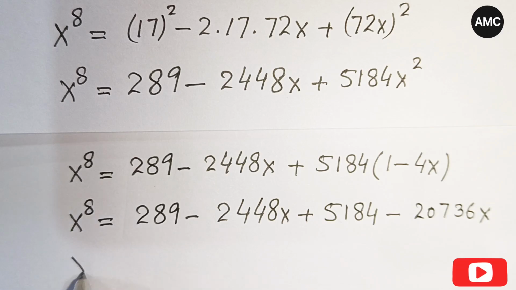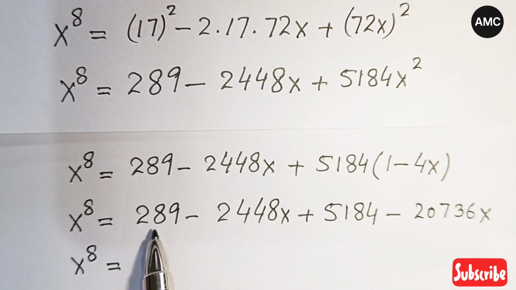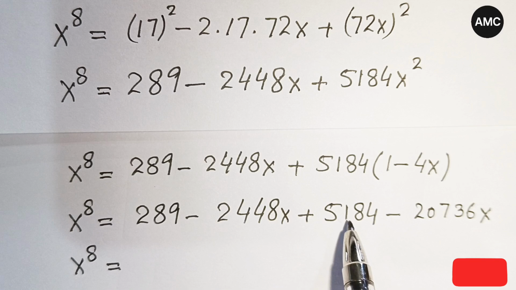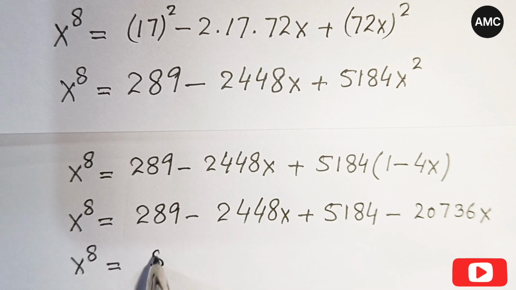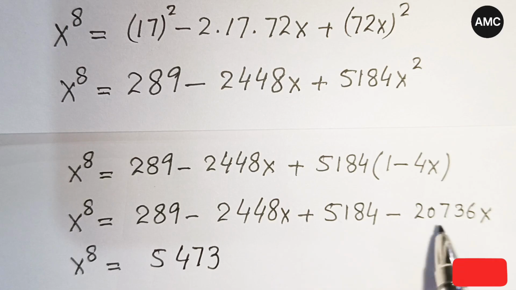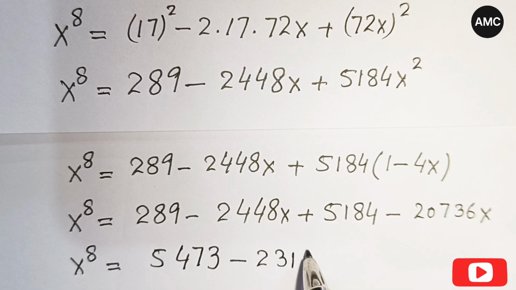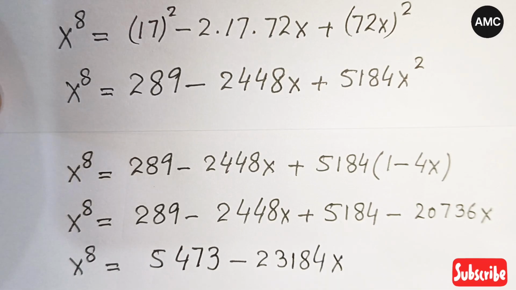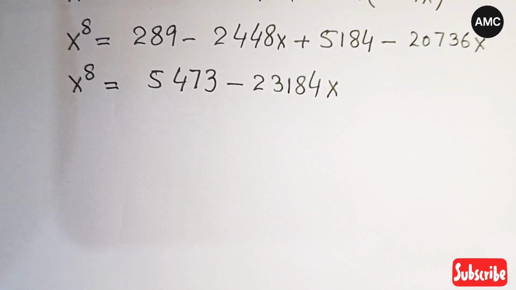Here we have x to the power 8 is equal to 289 plus 5184, we will get 5473. Similarly, adding this and this, we get minus 23184 times x. Here we have the value of x to the power 8.